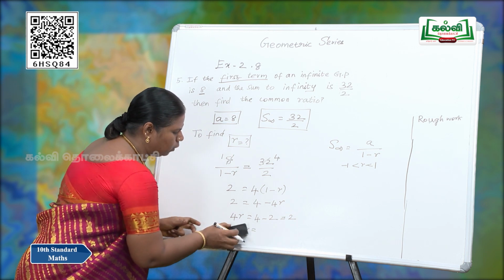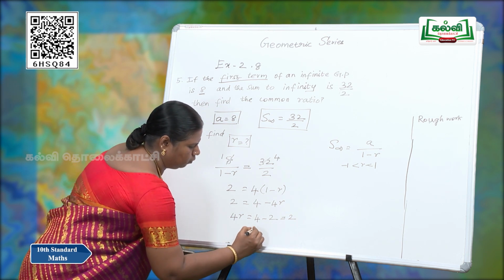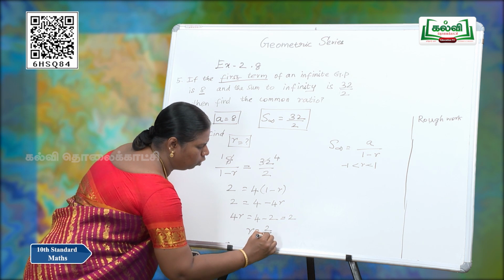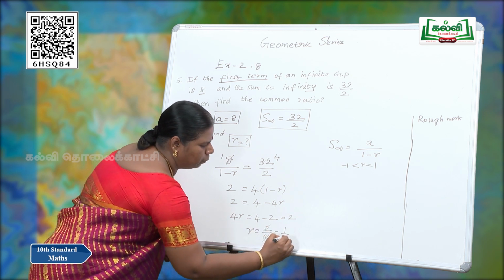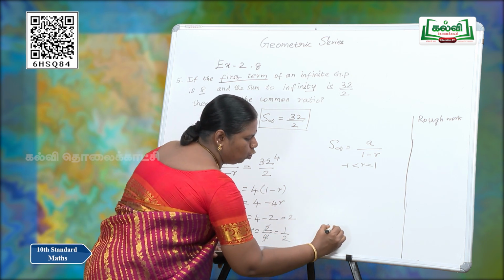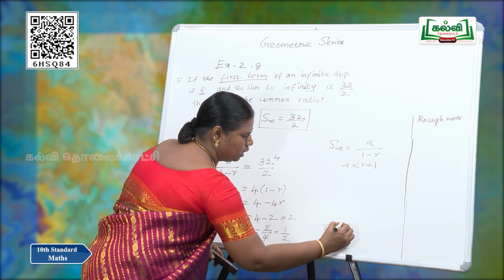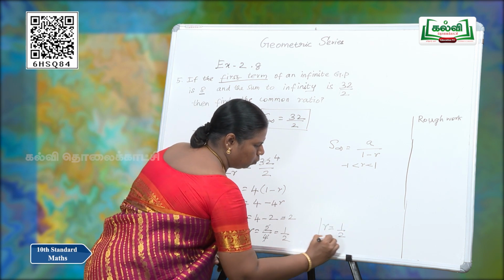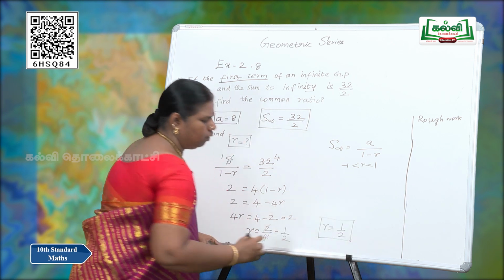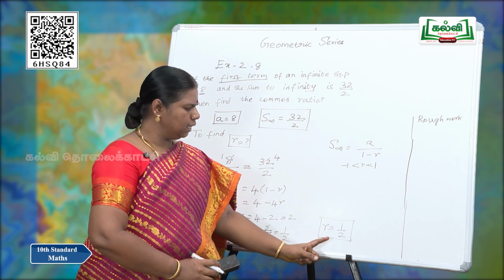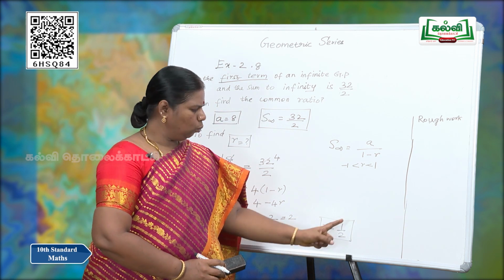So, r is equal to 2 by 4, on cancelling 1 by 2. The common ratio of the given series is r is equal to 1 by 2.